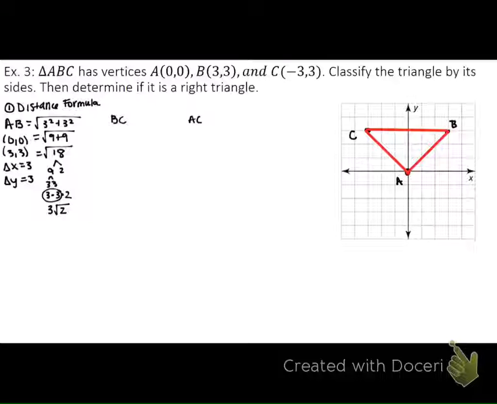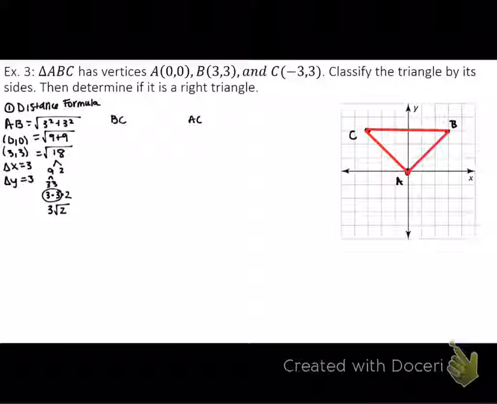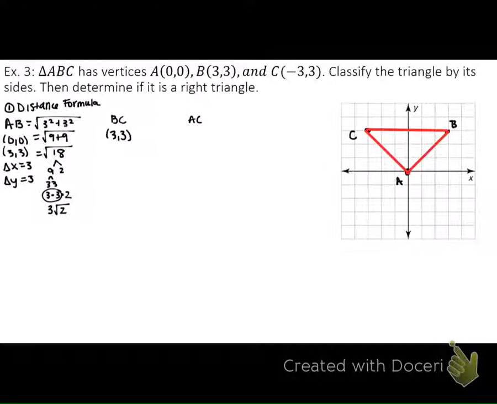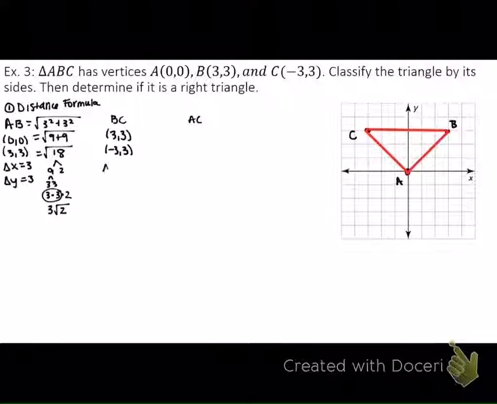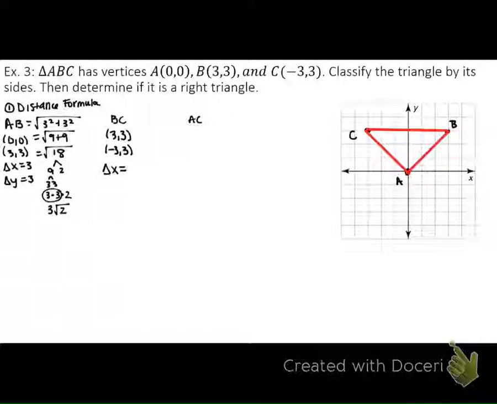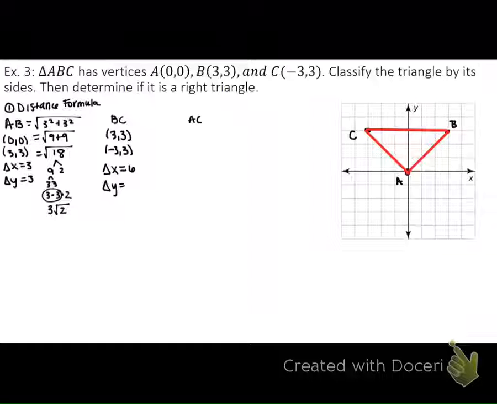So then we have BC, so that's 3, 3, and negative 3, 3. Ian, what's the change in x for BC? 6. Good. Casey, what's the change in y for BC? Oh, 0.